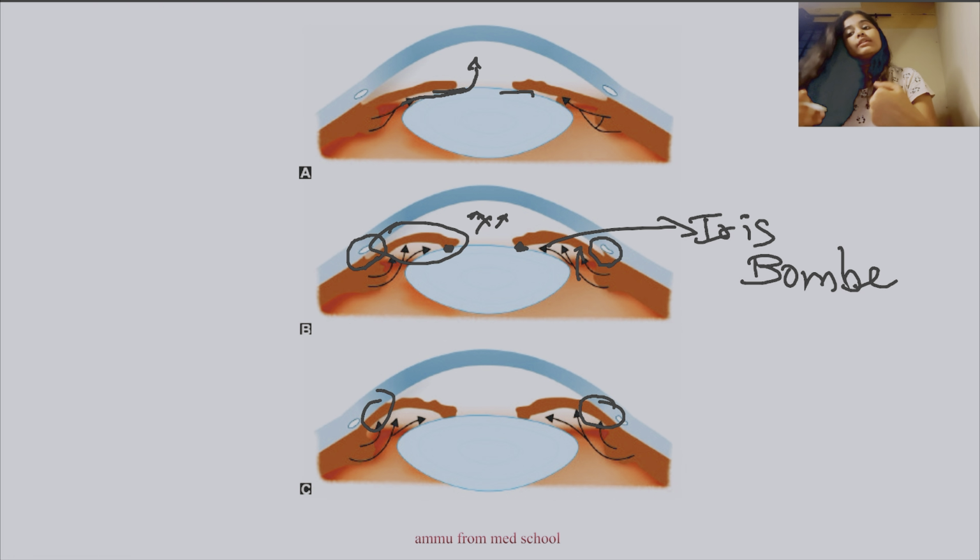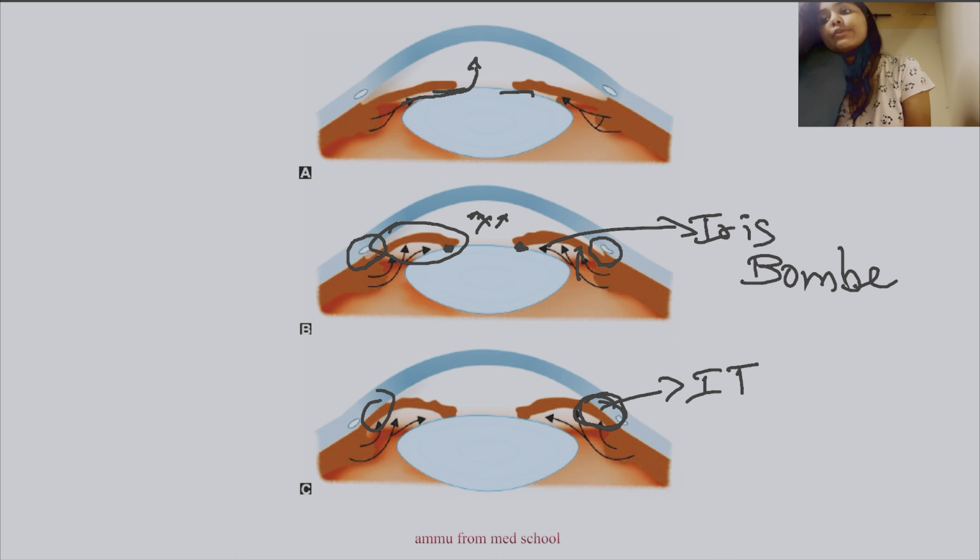Coming to the last picture, you can also see in the periphery that the iris, the trabecular meshwork, and the cornea have come into contact with each other, because of which we call it iridocorneal contact or iridotrabecular corneal contact. Now, what happens if it's been in contact for a very, very long time?